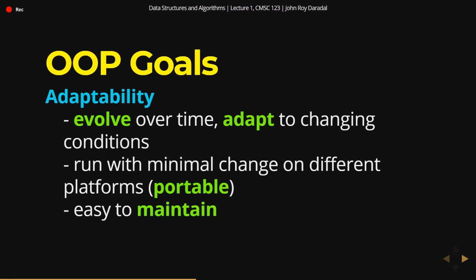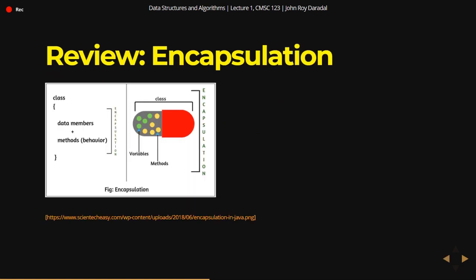Most of your code in the past was probably very jumbled and messy, but if you write OOP, it will be pretty organized, I would say. Okay, so those are the goals for OOP.